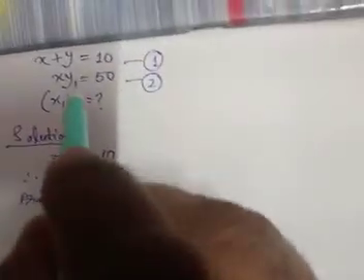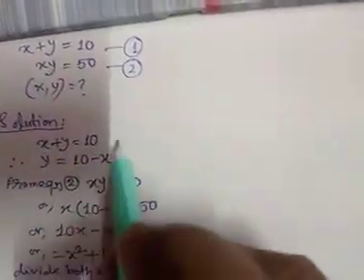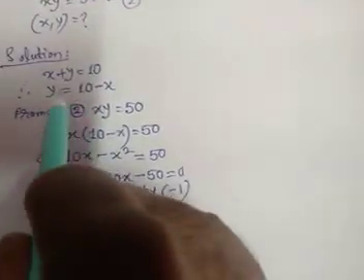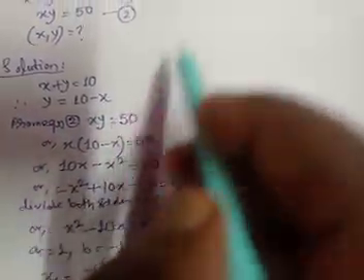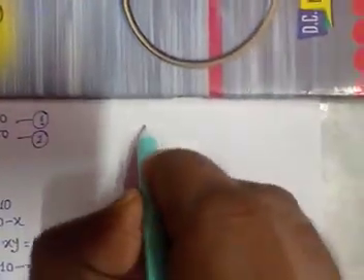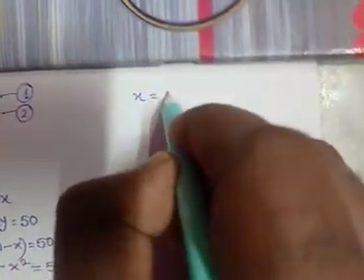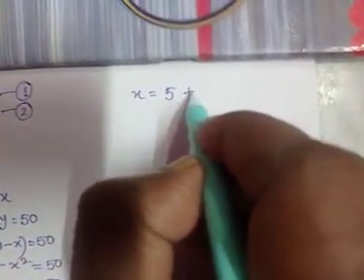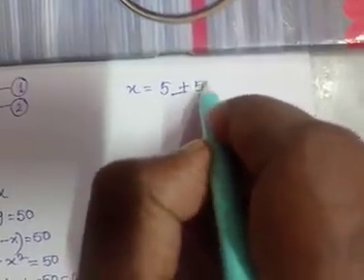So from equation number 1, x plus y equal to 10, so here y equal to 10 minus x. Now we have x equal to 5 plus minus 5i.